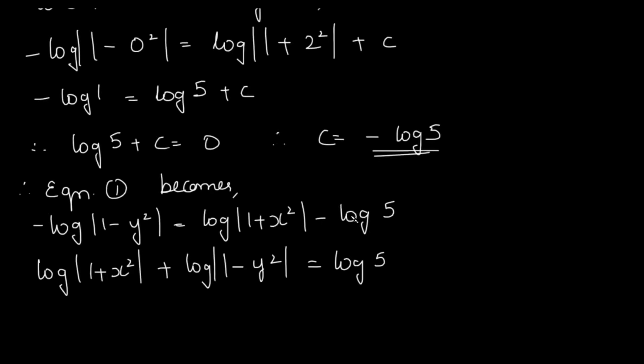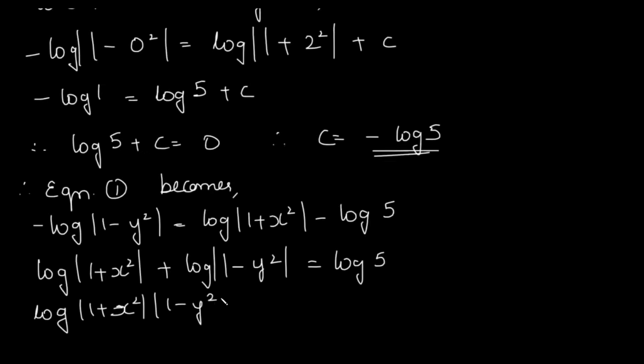Did you understand what happened over here? Minus log 5 went to the other side of the equal to sign, and therefore it became positive. Similarly, minus log 1 minus y square also came to the other side of the equal to sign, and thus it also became positive. Now you know that when you add two logs, you can combine them by multiplying the terms inside. So we combine both the logs by writing log of 1 plus x square into 1 minus y square.